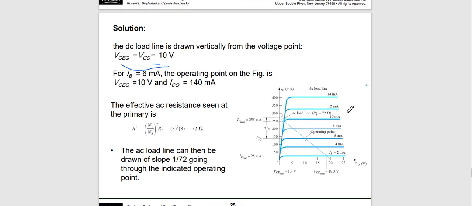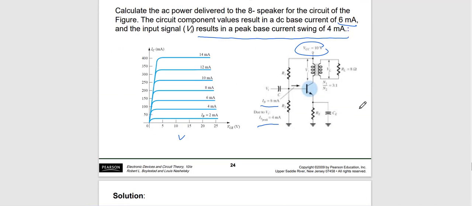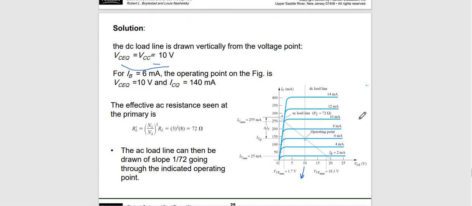Over there, this is the 10 volt, and IB is equal to 6 milliampere because the base current is 6 milliampere. So this is the ICQ. The ICQ on the y-axis is equal to 140 milliampere, and the VCEQ is equal to VCC, 10 volts.